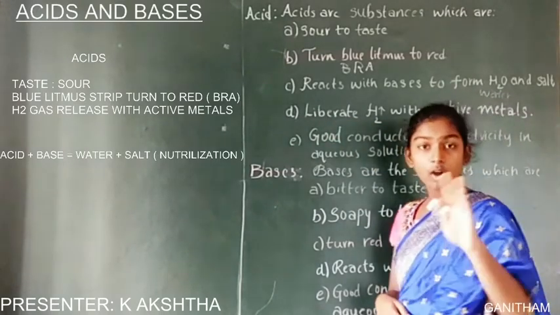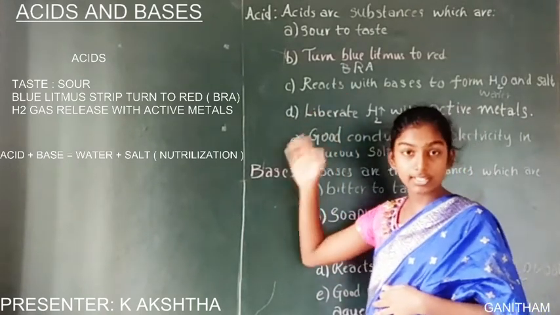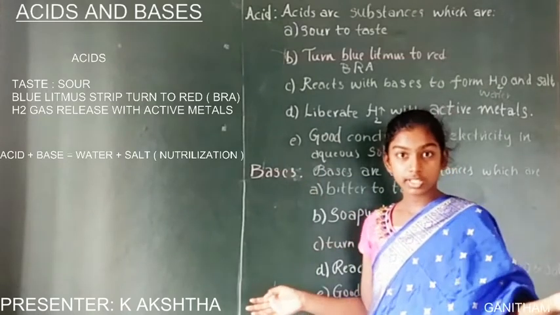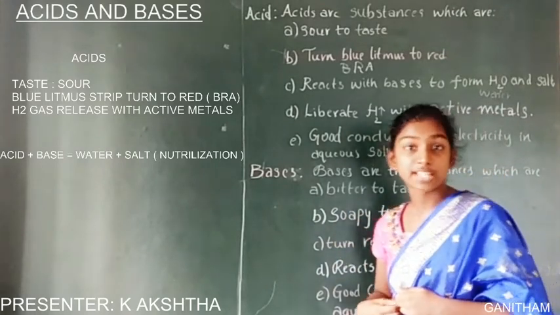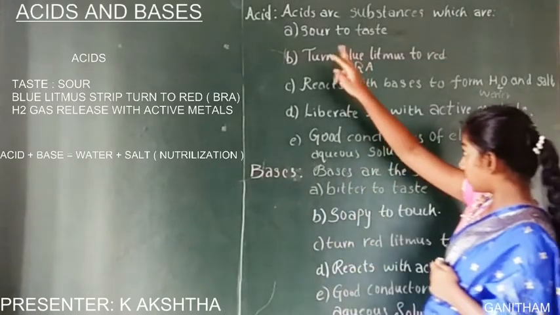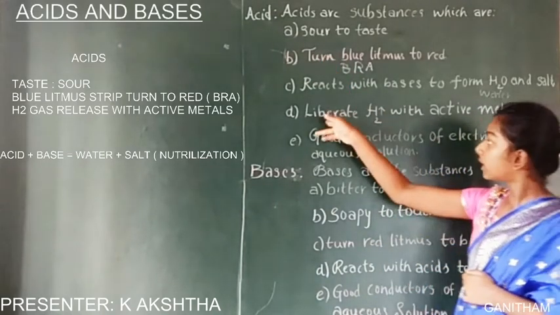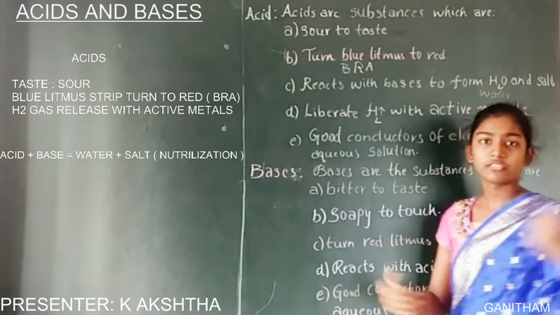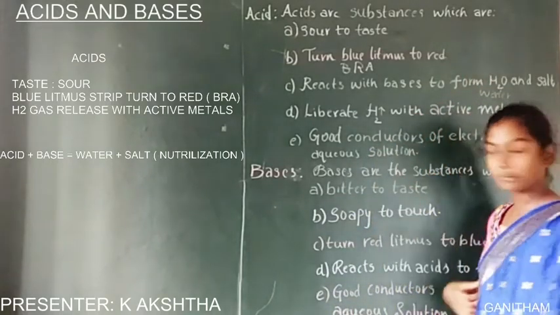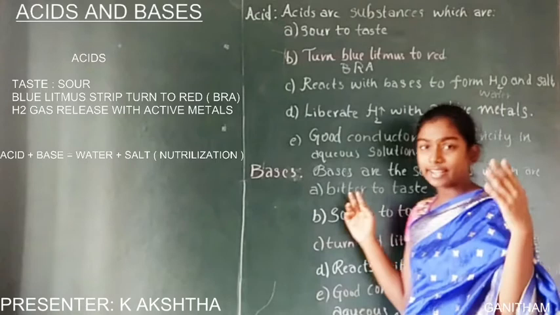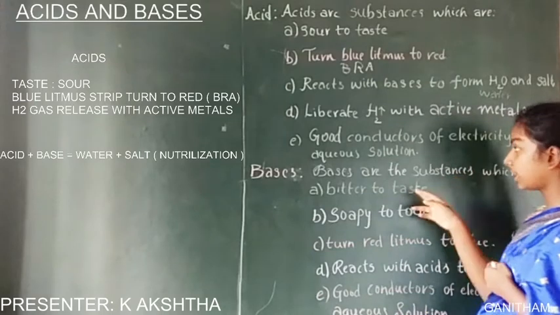Remember this. In the coming theories, like Lewis theory and others, they first tell that acids are the substances which have H plus ions. You have to remember that, and think of those H plus ions as H2 gas. So it liberates H2 gas with very active and energetic metals. And at last, in electricity, they are very good conductors, good conductors of electricity in aqueous solution.